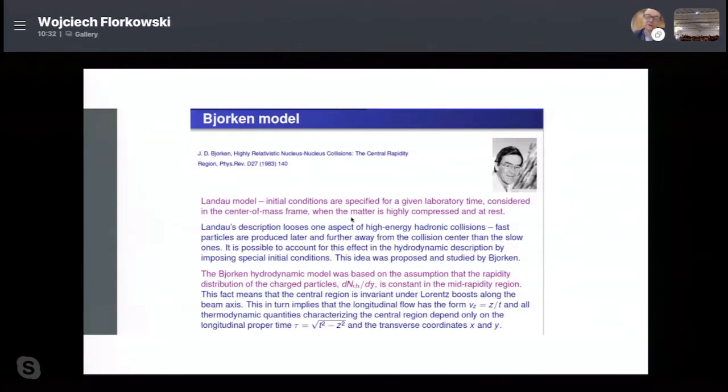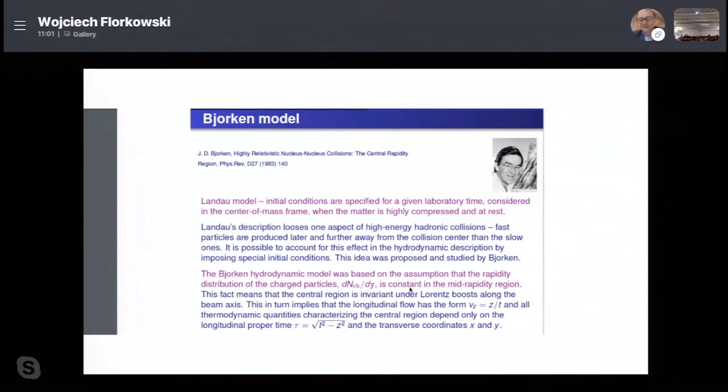So actually, it was not appropriate for higher energies. Actually, Bjorken introduced this idea of boost invariant flow, and the feature which is typical for boost invariance is that the rapidity distribution of particles is constant.